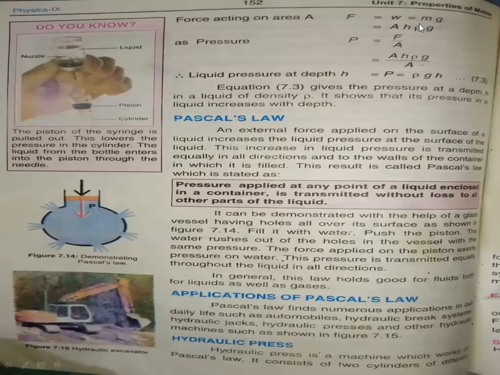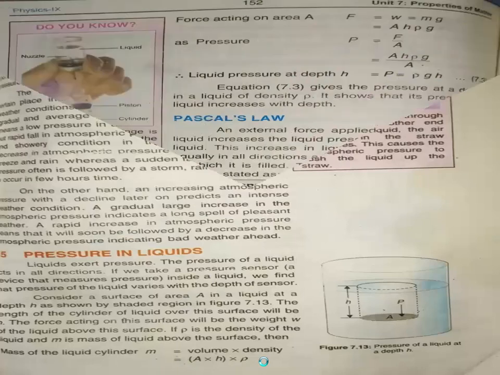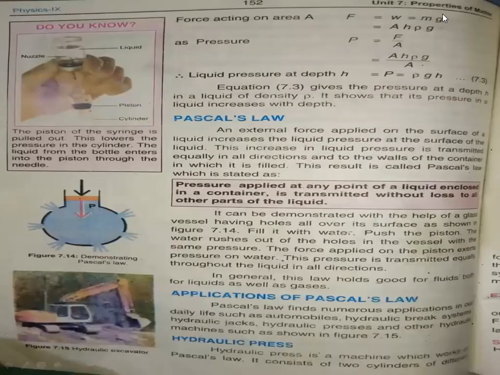I just put the mass value AH rho in this formula, where g is the acceleration due to gravity.